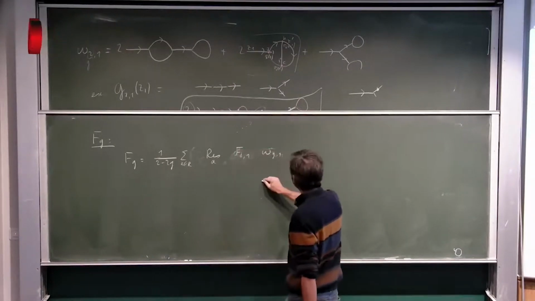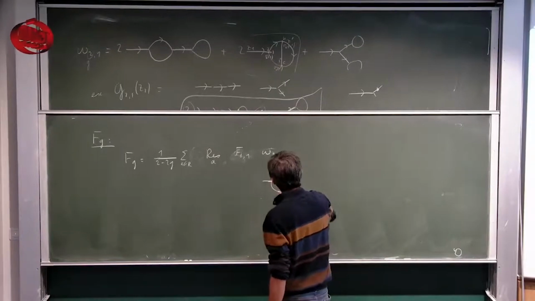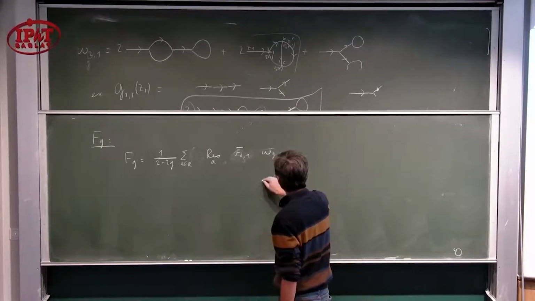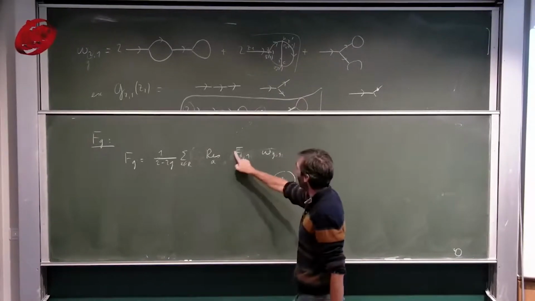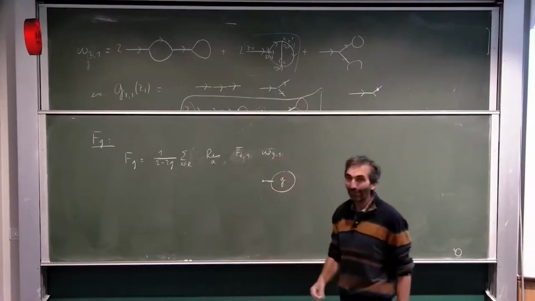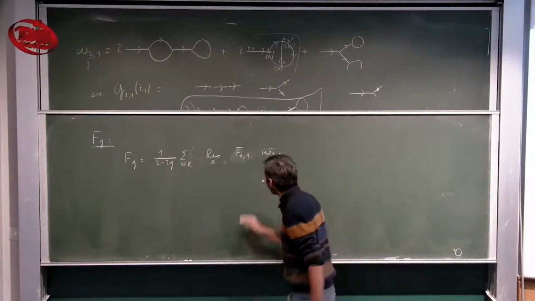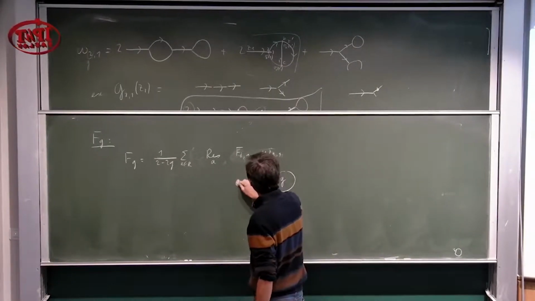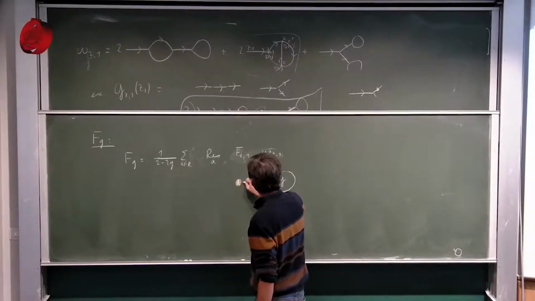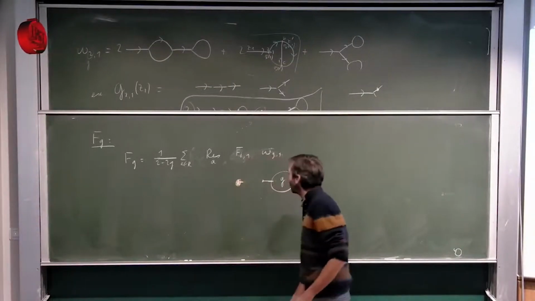And remember, omega G1 was a blob with genus G and with one leg. And let me represent F01 just as a big dot like that with one leg.